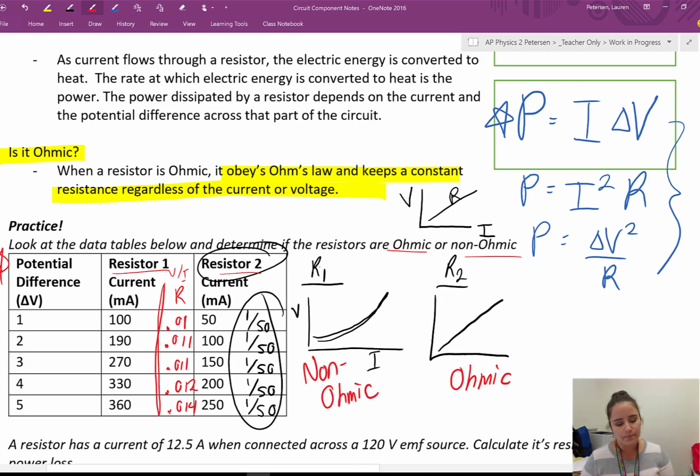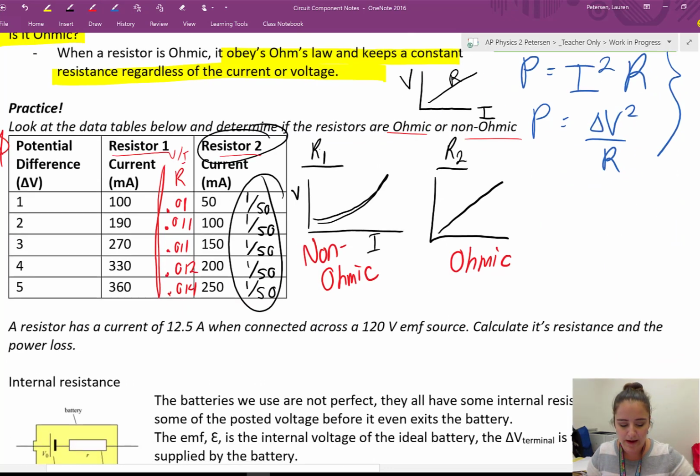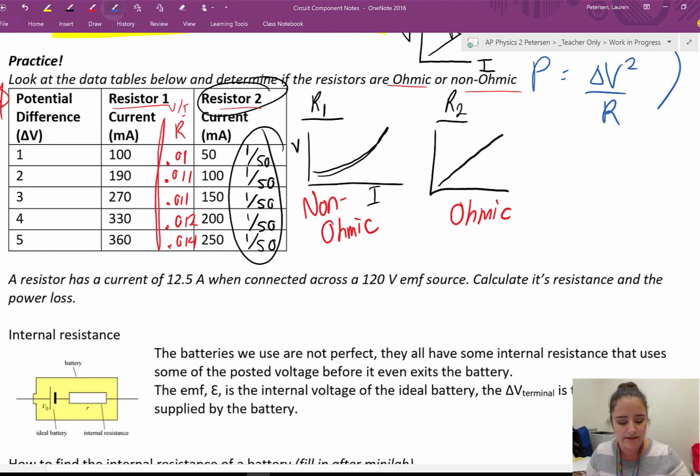Okay, cool? Let's apply those power equations real quick in a little example problem. A resistor has a current of 12.5 amps going through it when connected across a 120 volt EMF source. Calculate its resistance and power loss.